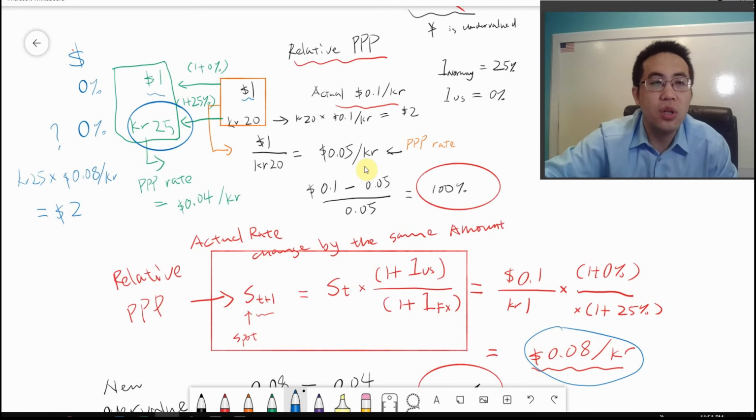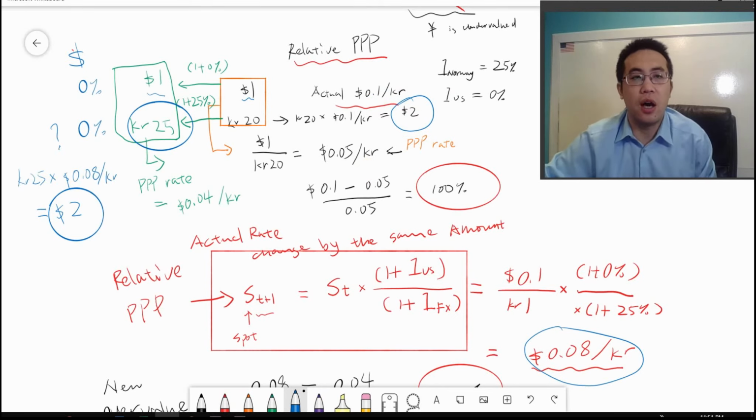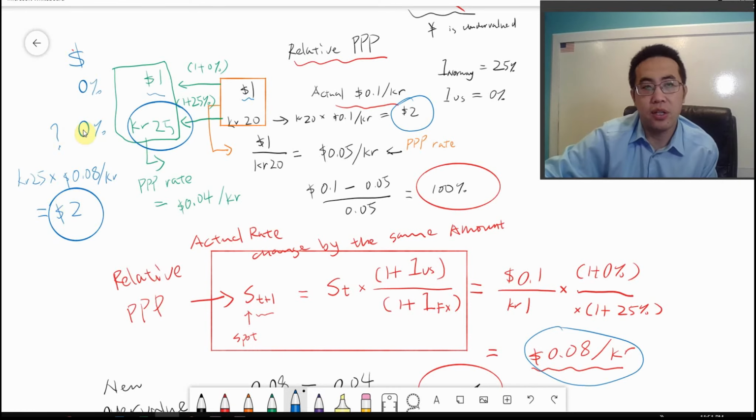So what was the dollar price earlier? The dollar price earlier was also $2. So from $2 here to $2 here, we have a change of local price and exchange rate, but the dollar price of a Norwegian burger does not change.